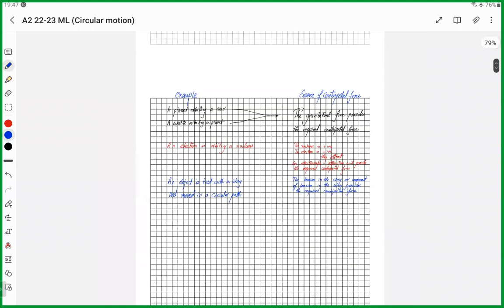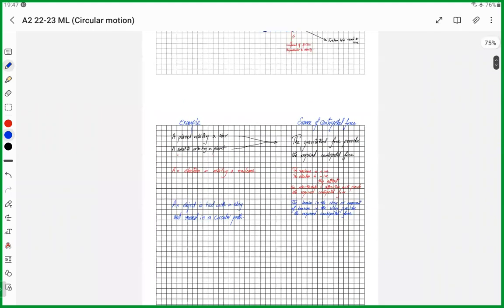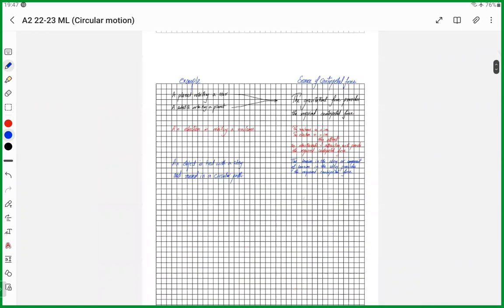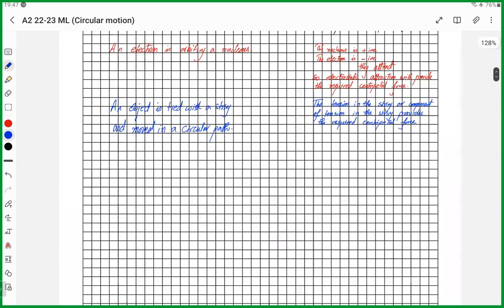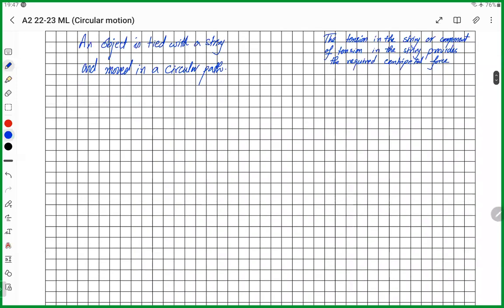Now, let's discuss the formula of the centripetal force.